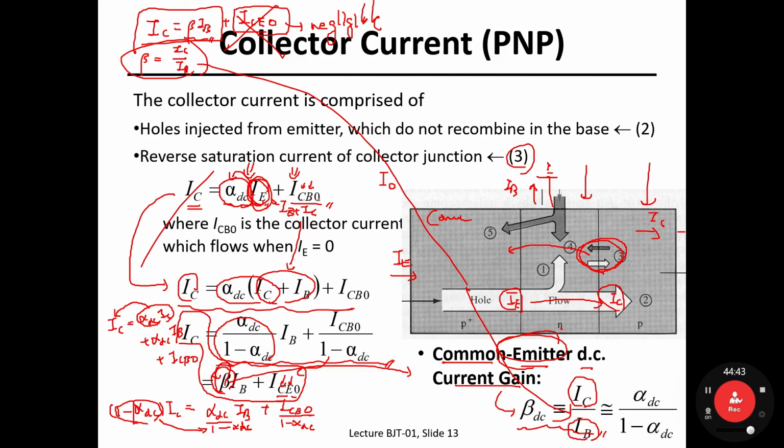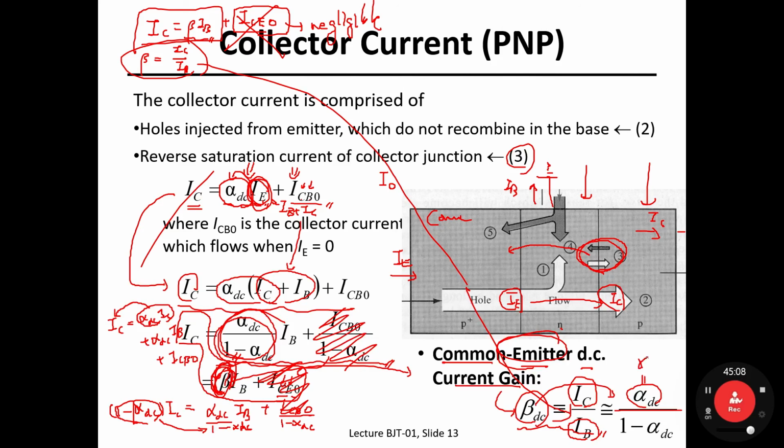All right, we're almost done. Just remove the second term. Then this beta should be identical to this part. Okay, so beta is equal to what? Alpha DC divided by 1 minus alpha DC. But the question here is, what is the maximum value of alpha DC?